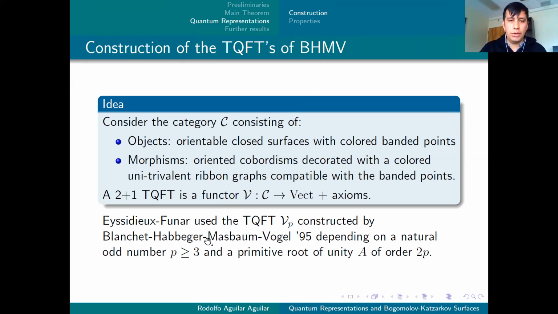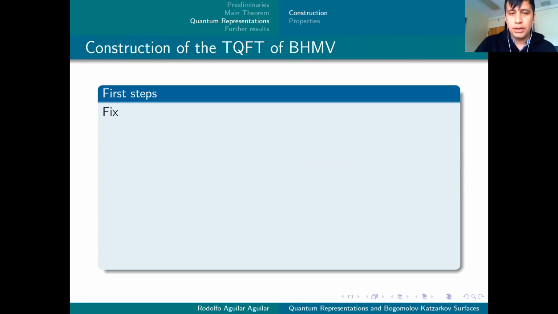I'm not going to review everything of that, but just the combinatorial data. And Eyssidieux-Funar used this construction to obtain the results. This TQFT depends on a number p and a primitive root of unity. Okay, a lot of data fixing. I will fix even more.